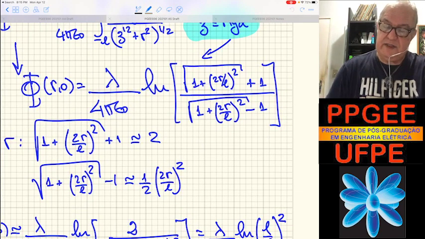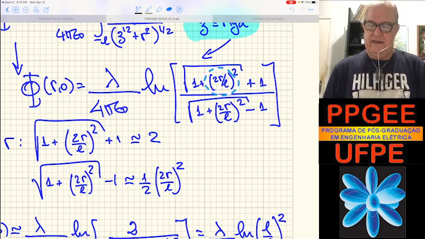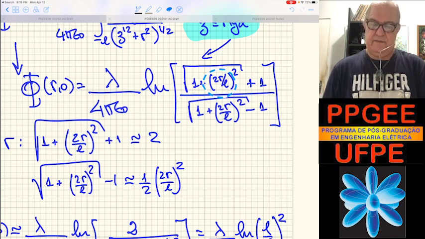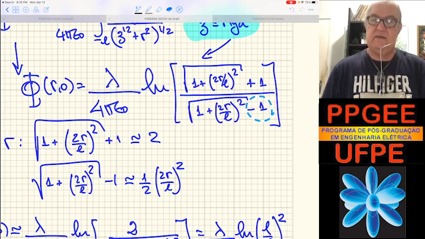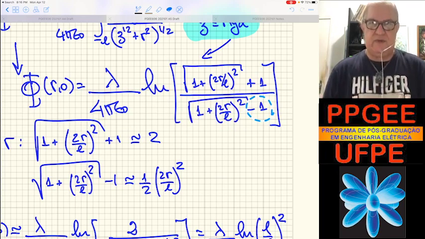So what happens? As r is much less than L, I can neglect this term here. On the other hand, I cannot neglect this term here, because if I do that, it's going to be 1 minus 1, which is 0, and then we have a 0 in the denominator. We don't want to do that.